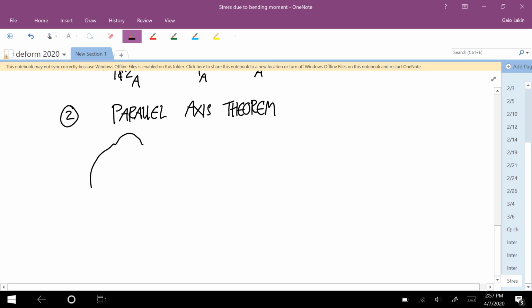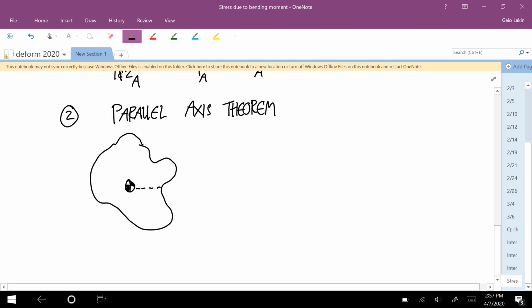And what it says is, if this is your cross section, well, you can calculate an area moment of inertia for a crazy shape like this. It wouldn't be applicable for our stress calculation, but I'm just trying to show the general idea of this parallel axis theorem. So say the centroid is here, okay?